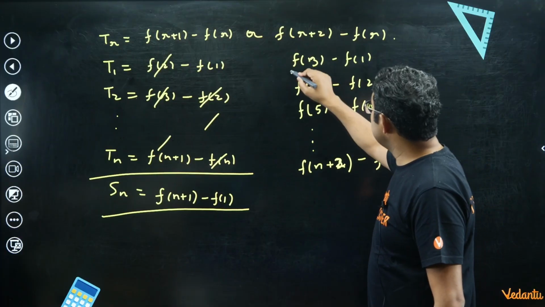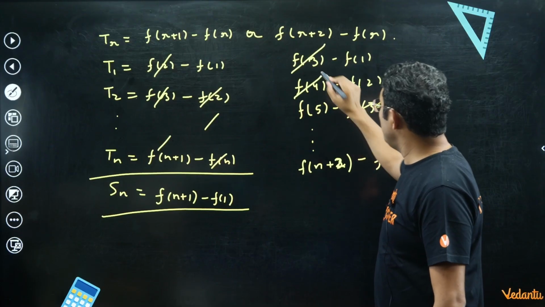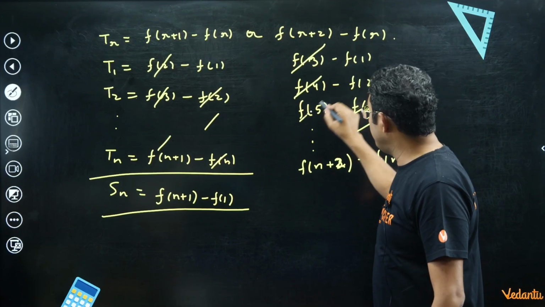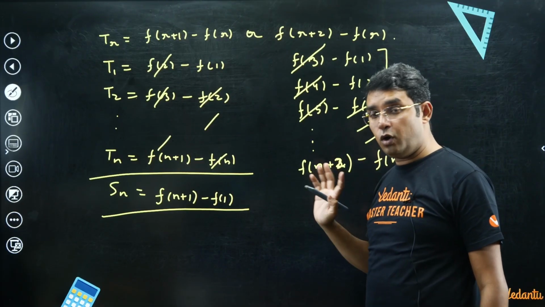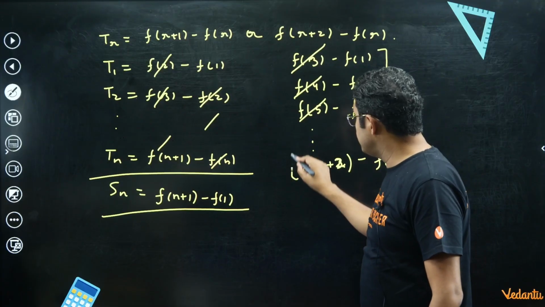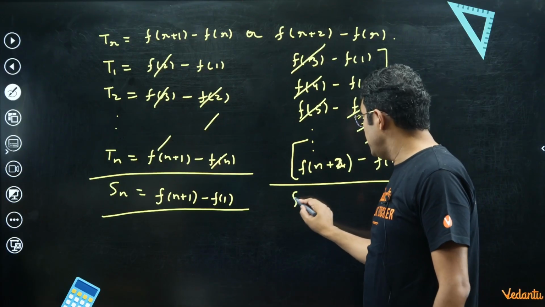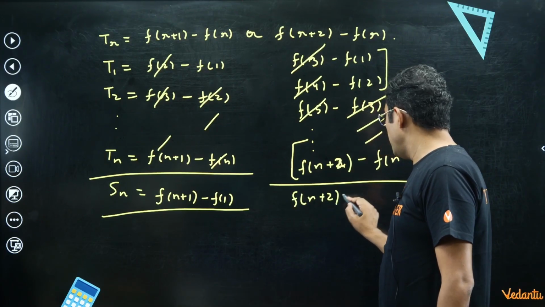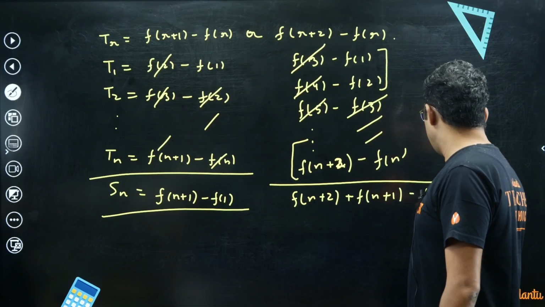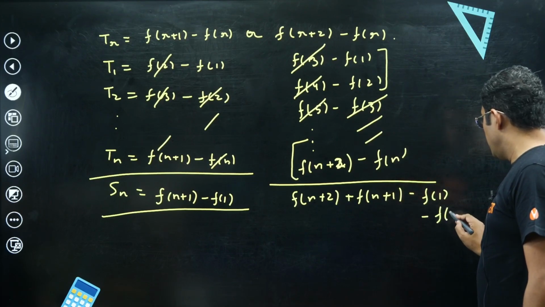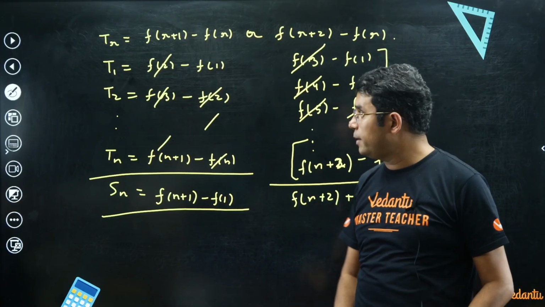You can see this f3 is not cancelling here, it is cancelling here. So f4 will also cancel here, f5 will cancel here, and so on. So two terms will not cancel at all, in this case the two terms f of n plus 2 and f of n plus 1 will remain, minus f of 1 and f of 2 will remain from here. So that is the key idea behind telescopic sum.